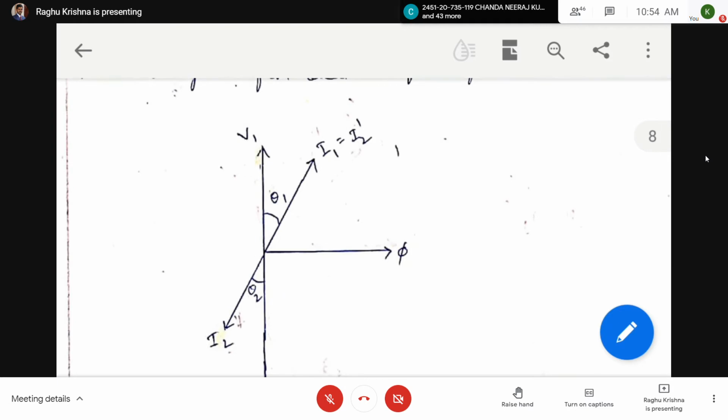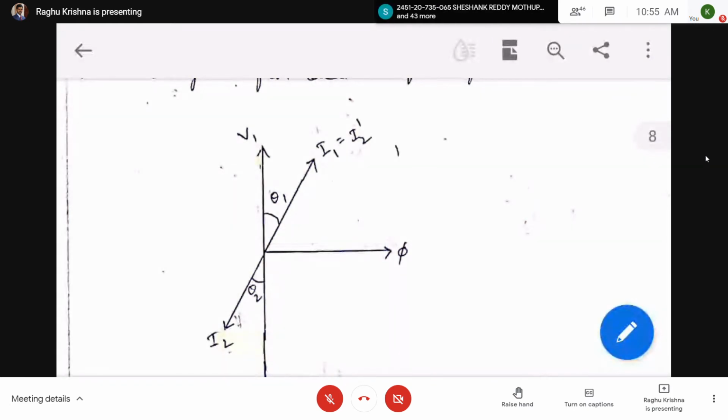So here this is the phasor diagram of an ideal transformer for inductive load. Next, we are going to consider the practical transformer and add the effects one by one. That means we are going to consider the voltage drop in the winding resistance, the voltage drop due to leakage flux, and also core losses, iron losses.